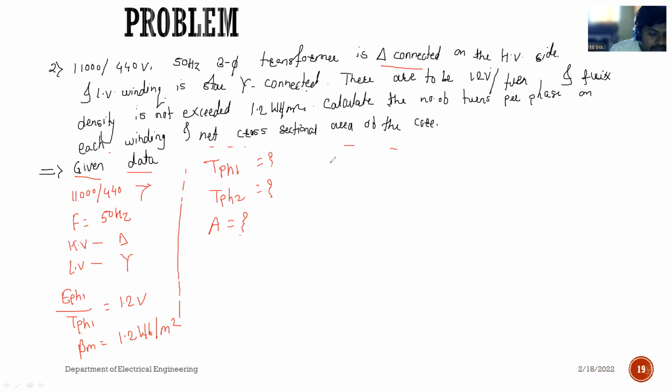TPH1 how it is possible to calculate the first area? Okay. किती येत आहेत नंबर ऑफ टर्न्स?